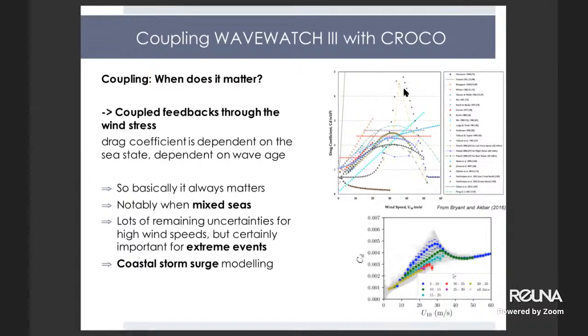And here the very different profiles of drag coefficient are actually from hurricane measurements. And so coupling is certainly important for extreme events. And finally, it's also important for coastal storm surge modeling, as wind stress can change a lot around the coast.